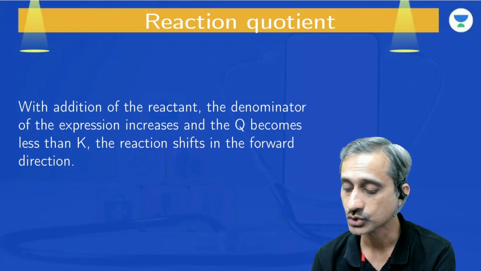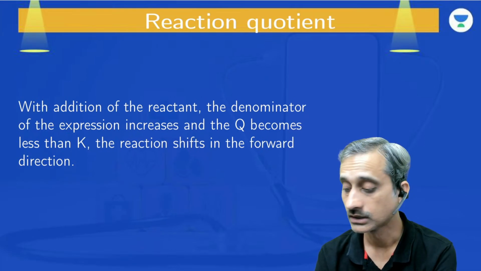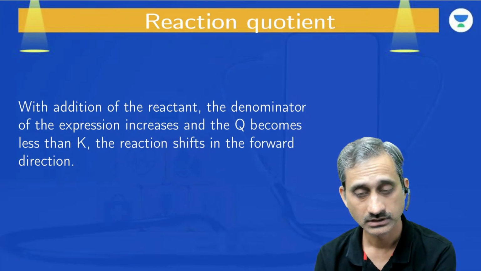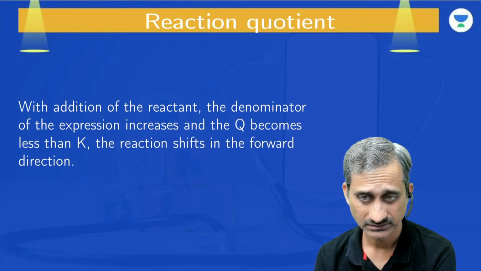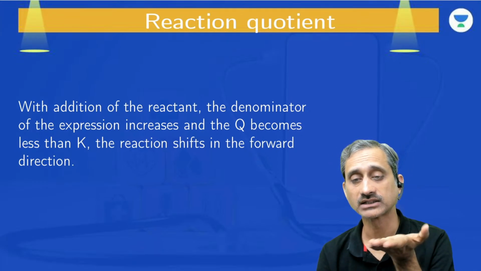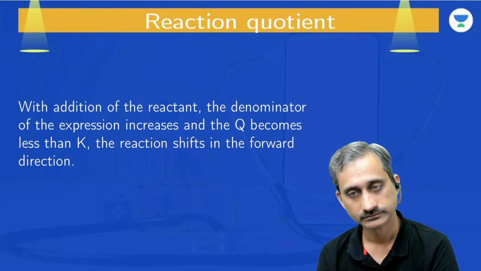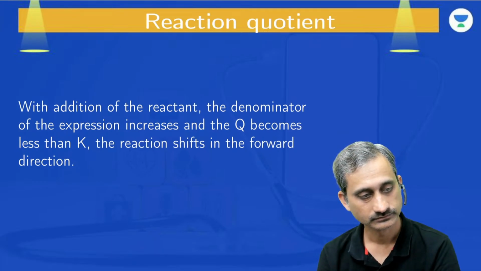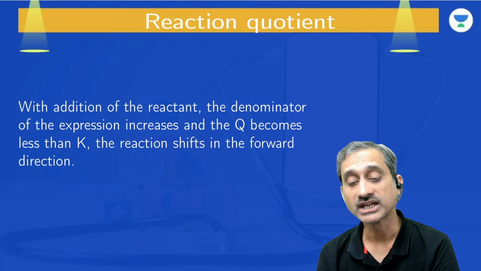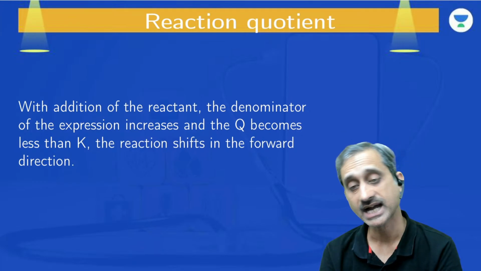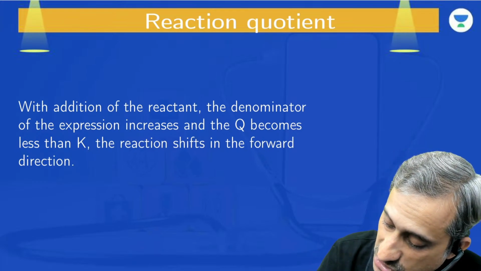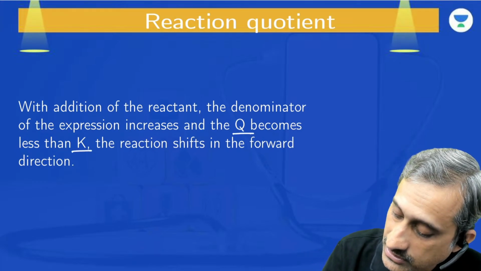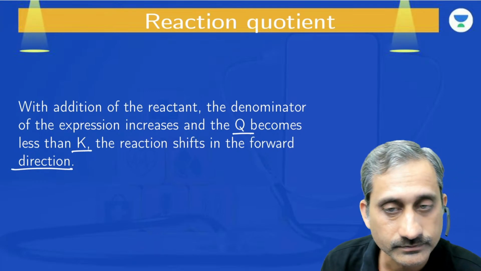Now the reaction quotient changes with the concentration. If in a reaction you add the reactant, you increase the concentration of the reactant, the reaction will shift forward. Now we are talking about the effect of the change in concentration of the reactant and product. With addition of the reactant, the denominator of the expression increases and Q becomes less than K, so the reaction shifts in the forward direction.